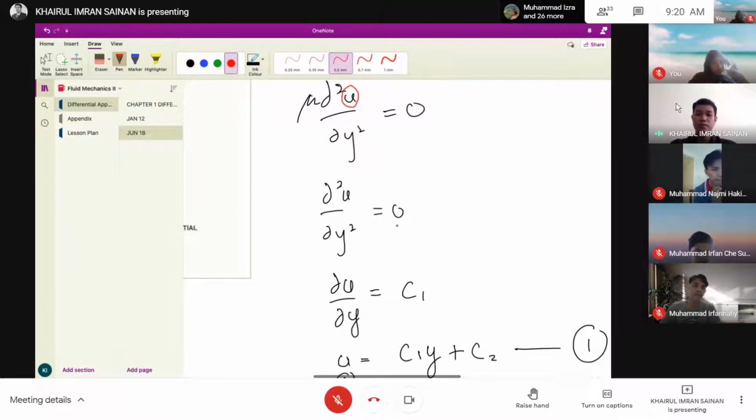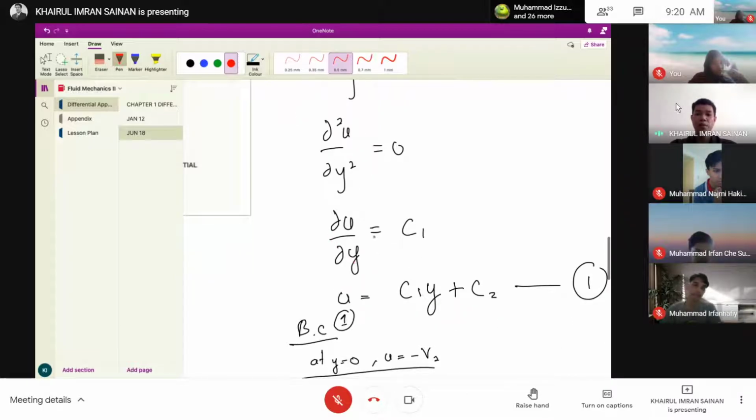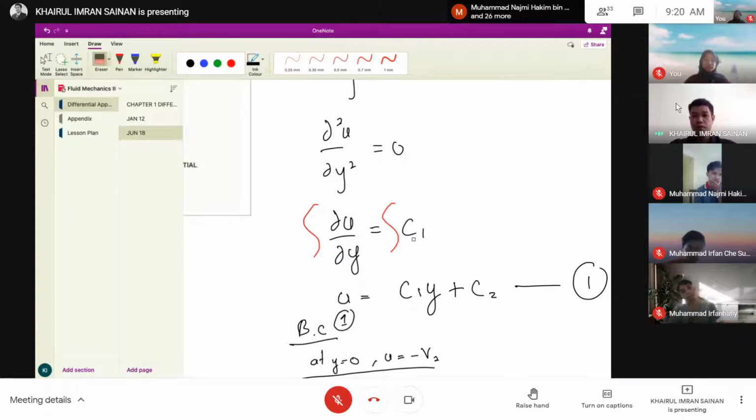So 0 integrated becomes c1, so del u over del y equals c1. Then we integrate one more time. Hopefully you understand why I put it there. It's the integration: when we integrate del u over del y, it becomes u, and c1 becomes c1 y plus c2.